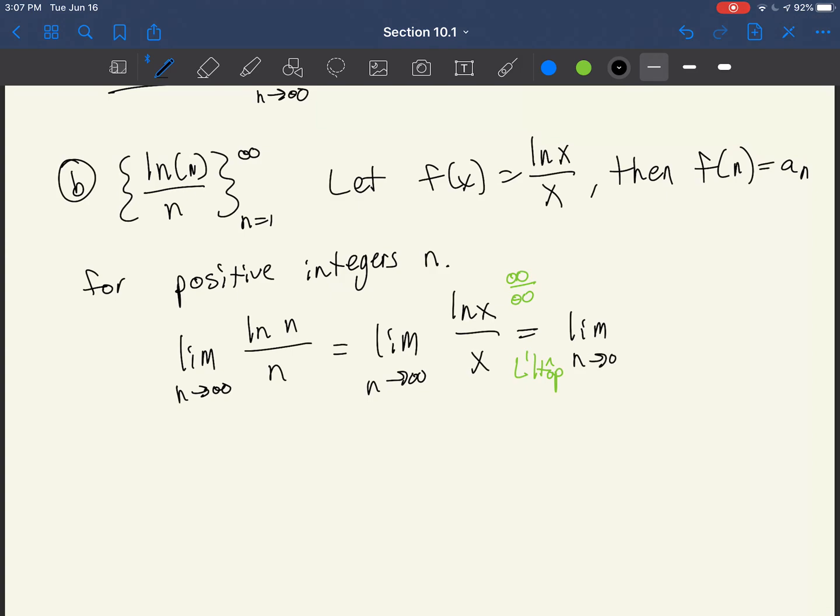I messed up, these n's should be x's because we switched variables. L'Hopital's rule says that you take the derivative of the top and the derivative of the bottom. So we have 1 over x and 1, and that is just 0. Therefore, this sequence converges to 0.